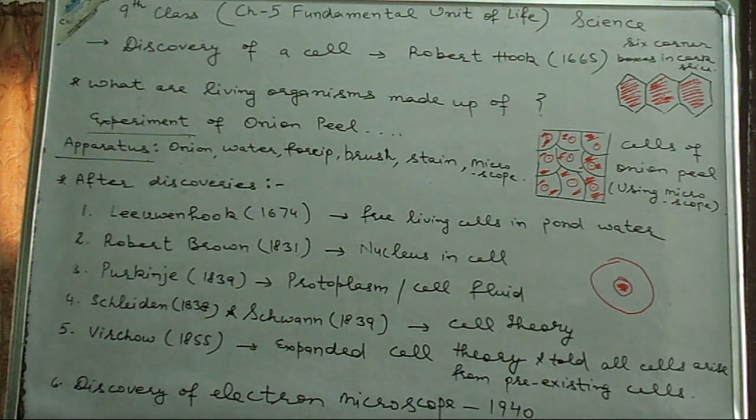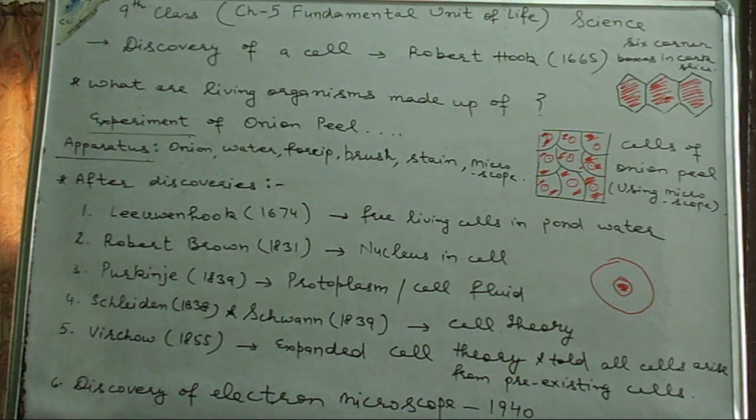Then came the cell theory, because so many things about the cell had been found: the nucleus, the protoplasm. In 1838 and 1839, Schleiden and Schwann gave the cell theory.